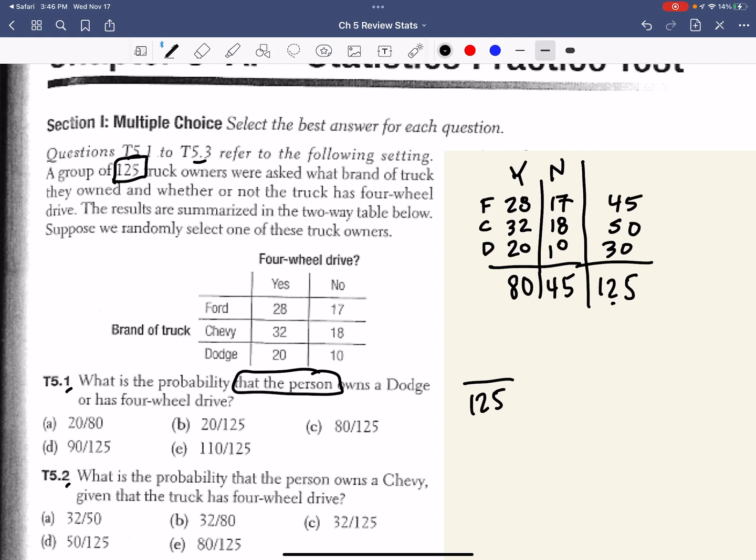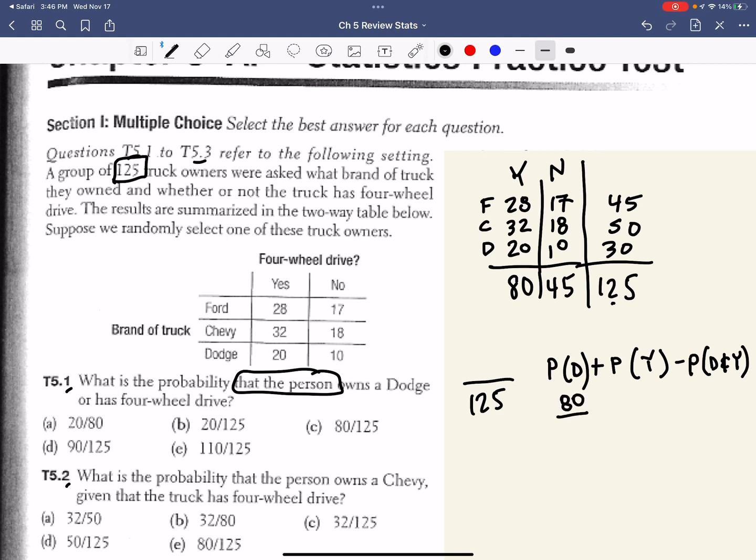What's the probability that a person owns a Dodge or has four-wheel drive? So that's these 30 plus these. So using our formulas, it's the probability of a Dodge plus the probability of yes, four-wheel drive, minus the probability of both.